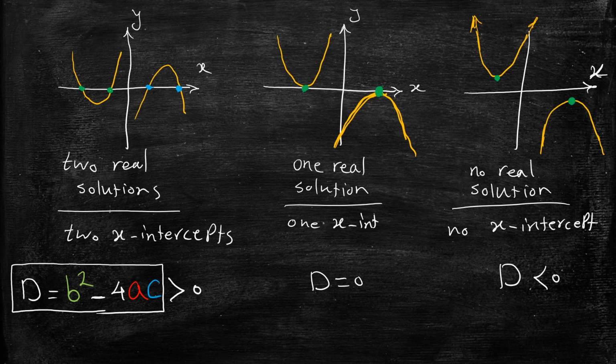Okay? Now, let's see how we can tell the coordinates of the vertex for quadratic equations. The coordinates of the minimum or the maximum of second degree equations. Let's find out. So I'm going to write once again the general form, y equals ax squared plus bx plus c.